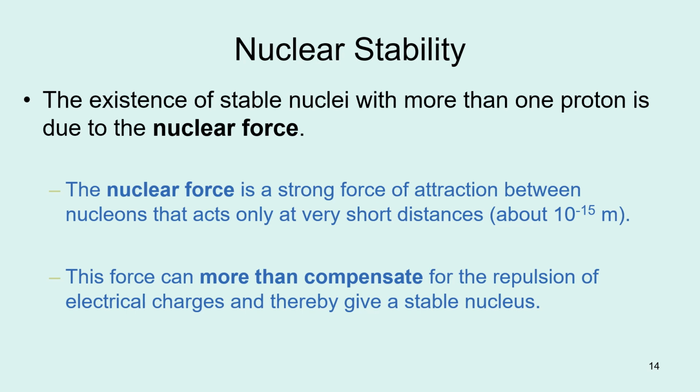So this force will compensate the repulsion. If it's the right balance, it's a stable nucleus. But if the number of protons and neutrons are not in a good ratio, then it's not going to be as stable.